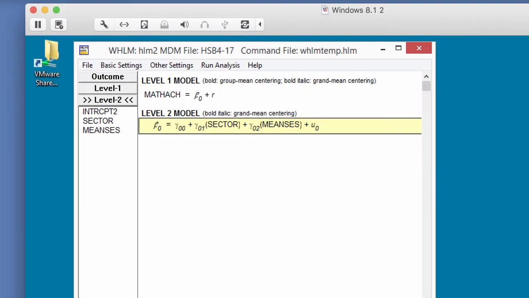This next model is referred to as the means as outcome model, or regression of means as outcome model, where we have our independent or predictor variables only at level 2.